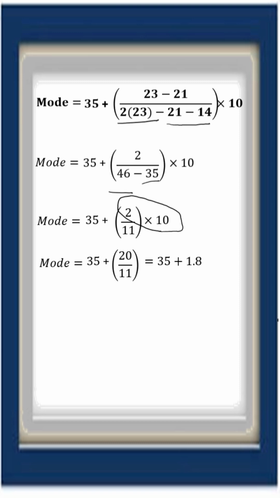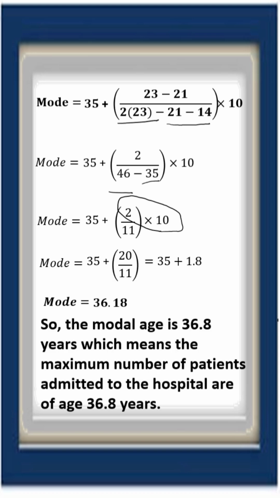So mode is equal to 35 plus 20 by 11 is 1.8. So mode is equal to 35 plus 1.8, which is equal to 36.8. So modal age is 36.8 years, which means that maximum number of patients admitted to the hospital are of the age 36.8 years.